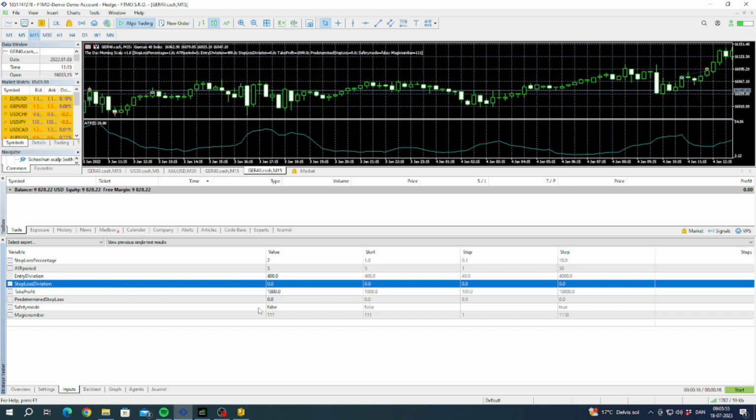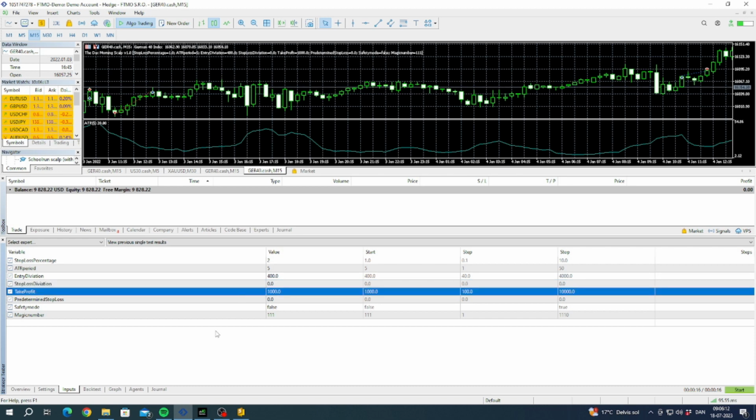Stop loss deviation is if you want to just fine tune the stop loss a little bit, you can add a couple of points or something. When I tested it, it didn't really make much sense to do so, but you can do it if you want to.